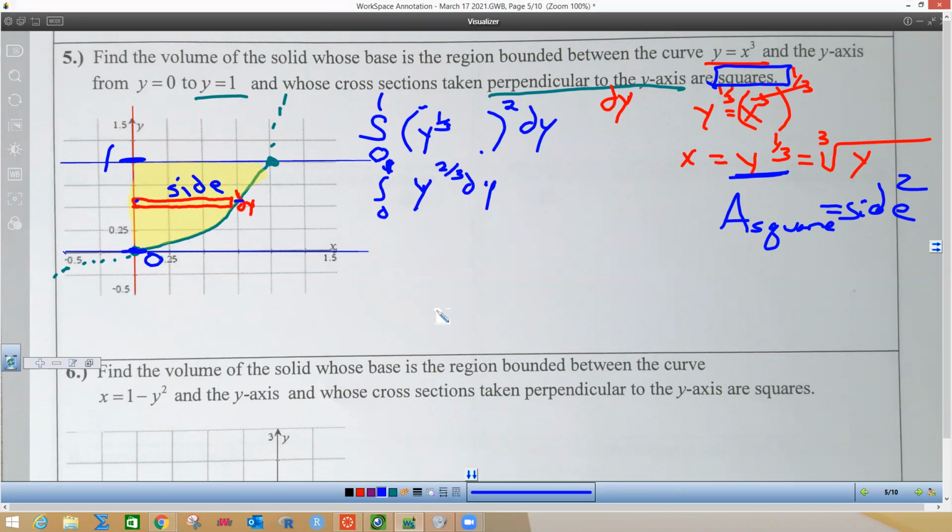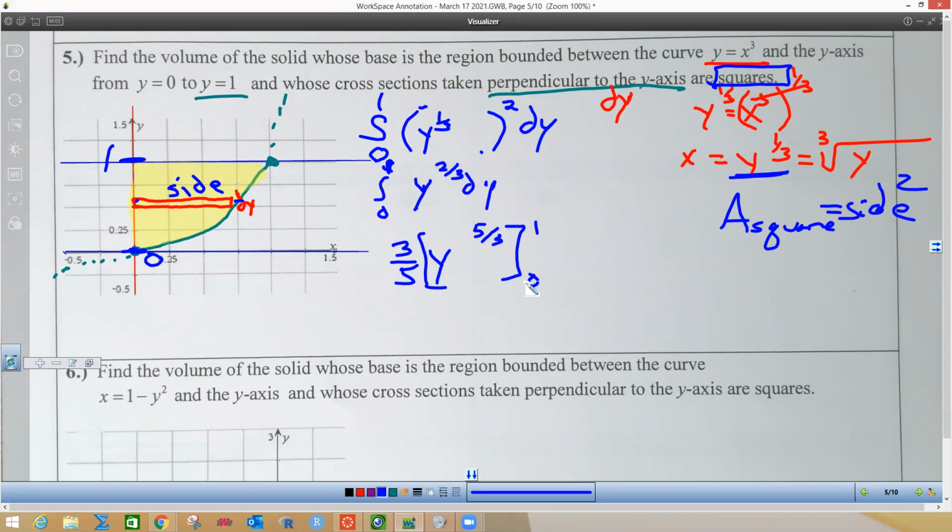So now I can integrate. So I'm going to add 1 to 2/3. 3/3 and 2/3 give me 5/3. And I can put that over 5/3, but I have to flip that upside down, so it's going to be 3/5 in front. And we are doing this integration from 0 to 1.